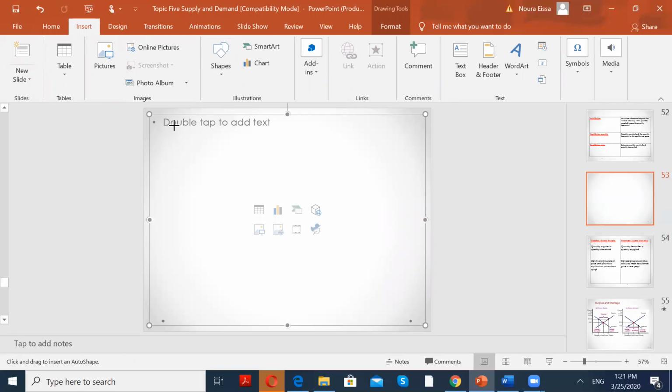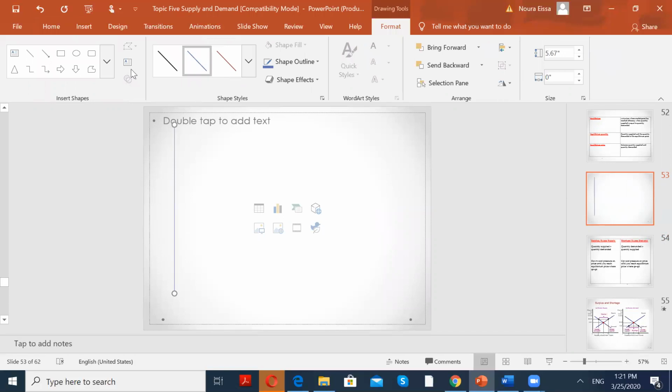Okay, this is your y-axis right here. This is your x-axis right here. Okay, now this is demand. This is supply.